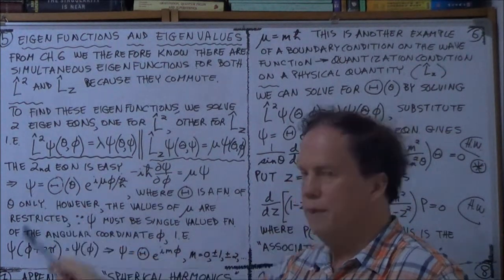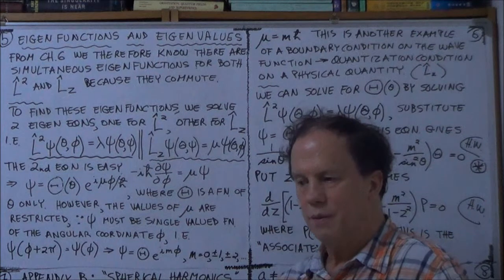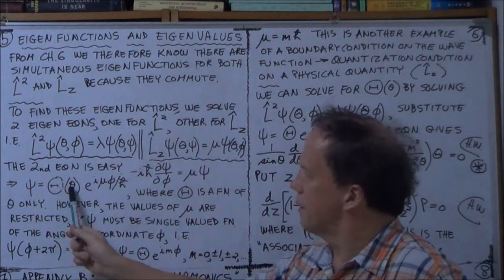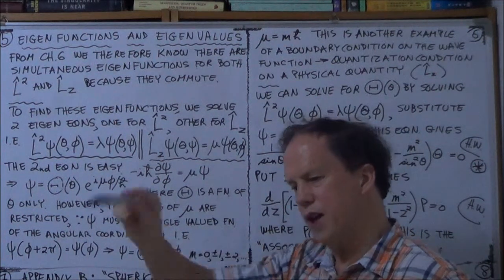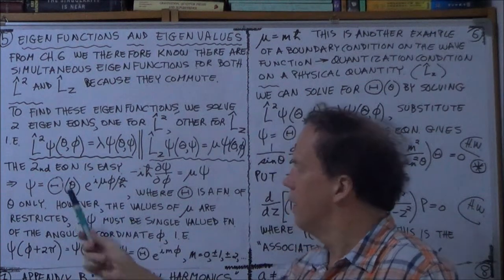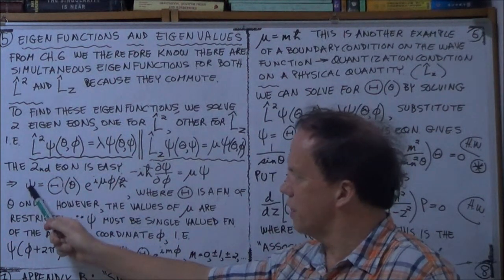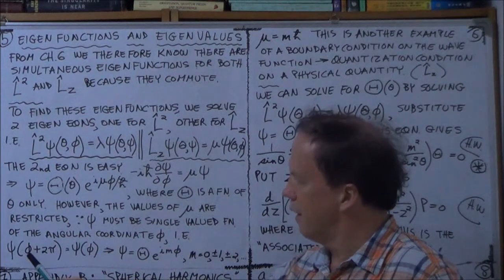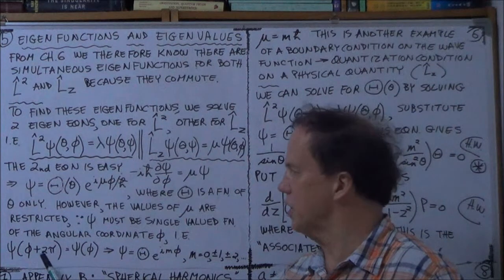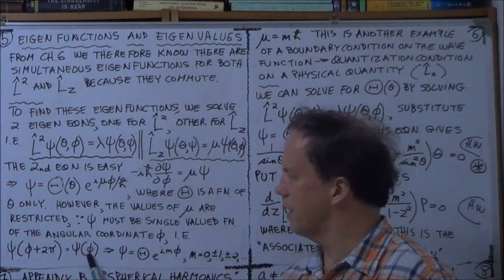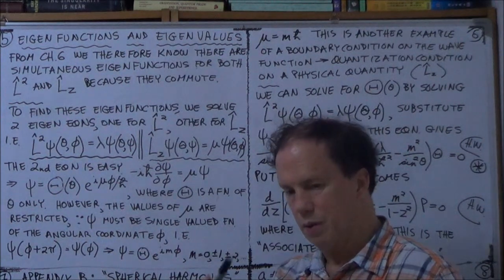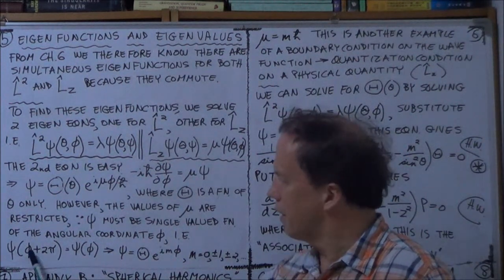Now this psi function, we need to impose certain constraints on it. As we keep rotating by 2 pi, we get back to the same function. Every time the angle changes by 2 pi, in other words a full rotation, we just get back to what we started with. We want it to be single valued at a given angle.